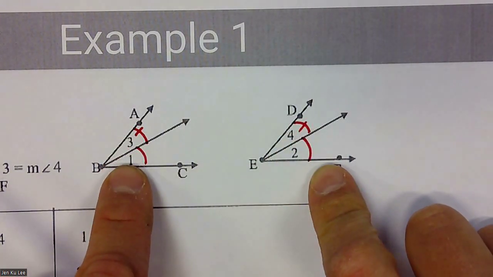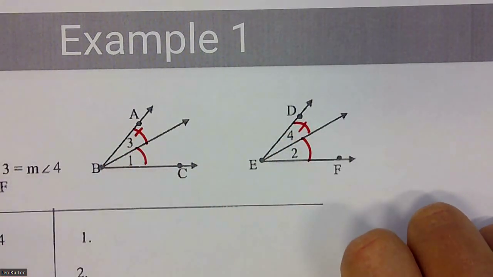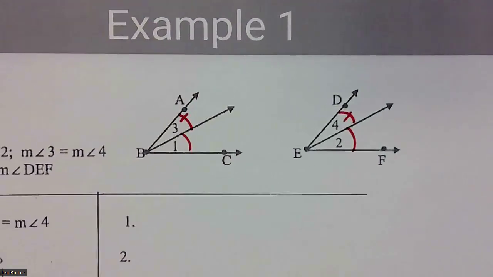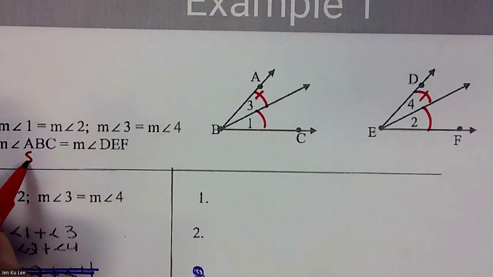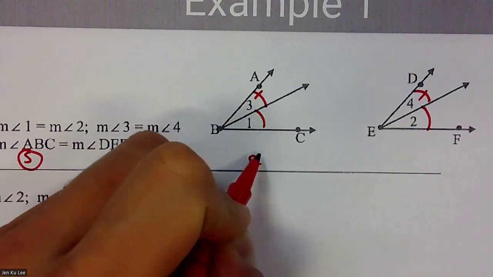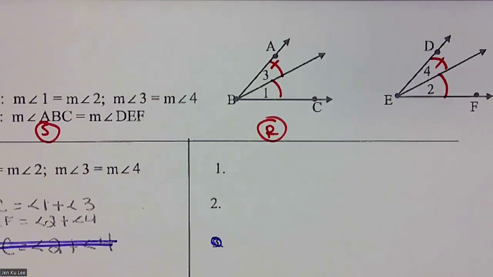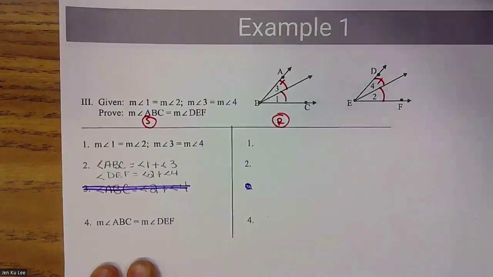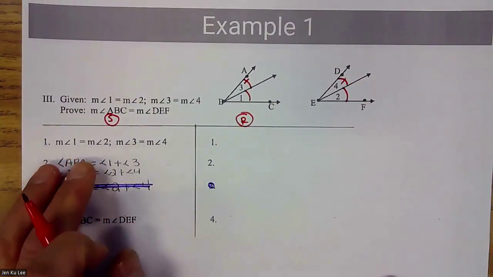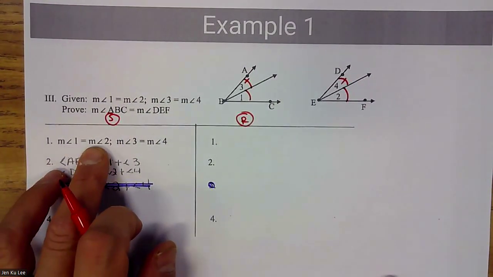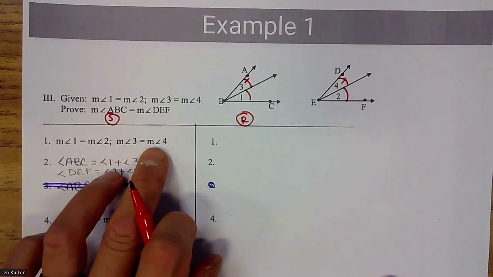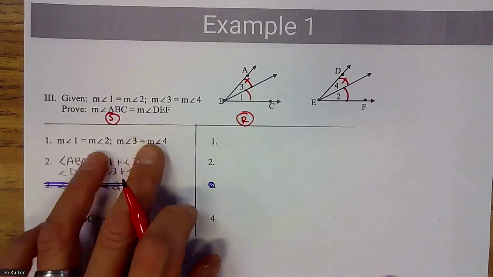That makes sense? But now we have to give our reasons why we know that. So how or why do we know angle 1 is equal to angle 2, and measure of angle 3 is equal to measure of angle 4? How do I know this?